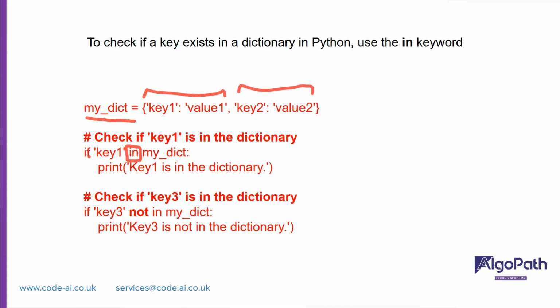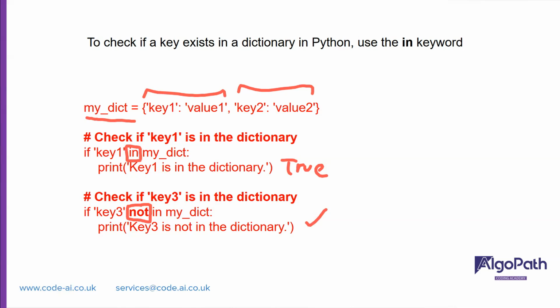All I need to do is give an if statement and say, if key 1 in my dictionary, print key 1 is in my dictionary, because this is a normal if statement, and it's going to be true if it's here. If you want to check if a word is not in your dictionary, simply give me a not in front of in. And that will tell you if it's not in the dictionary.